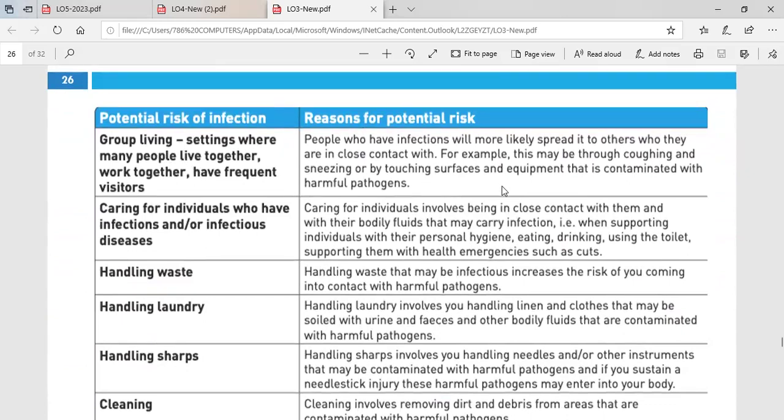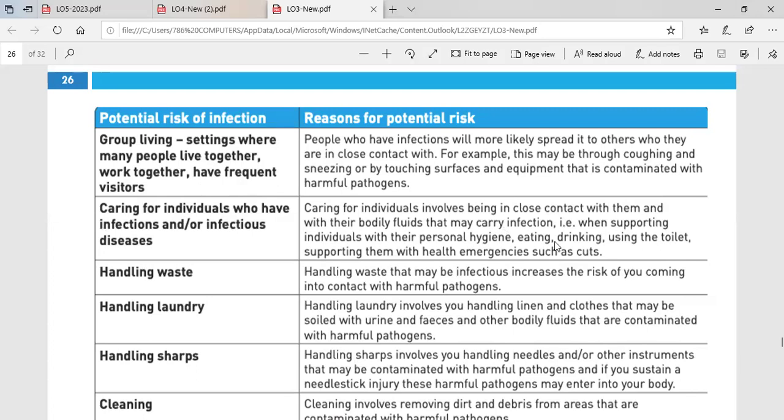People live together in close proximity to each other, so they can spread the infection. Another is caring for individuals who have infections. Not all people out there would have an infection, but if you're caring for individuals who have infections, working in that setting, you're more prone to having these infections and carrying and spreading them.